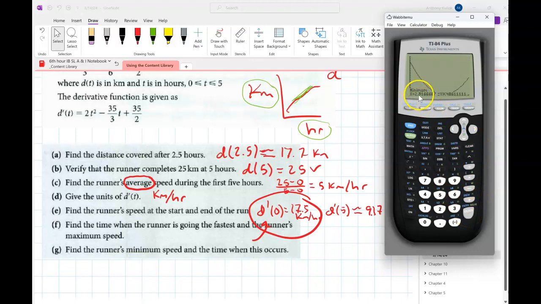So the time is 2.92, and that minimum speed is, I can't really read it because everything is in the way. That's super annoying. Let's do that.